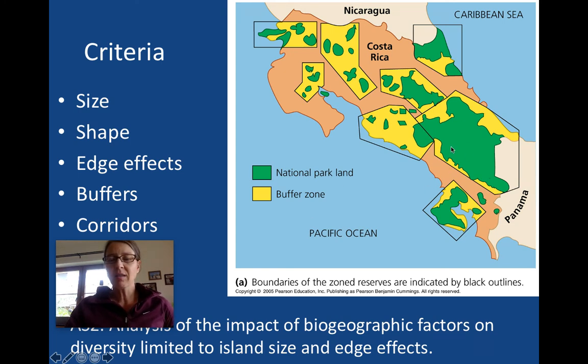So the bigger it is, the more biodiversity. And the smaller it is, the less biodiversity it can hold. And also you want to have your parks as close together as possible because that allows them to be reseeded by each population. We're going to come back and look at the criteria for conservation areas when we look at in situ and ex situ conservation. So we're going to come back and look at this again.